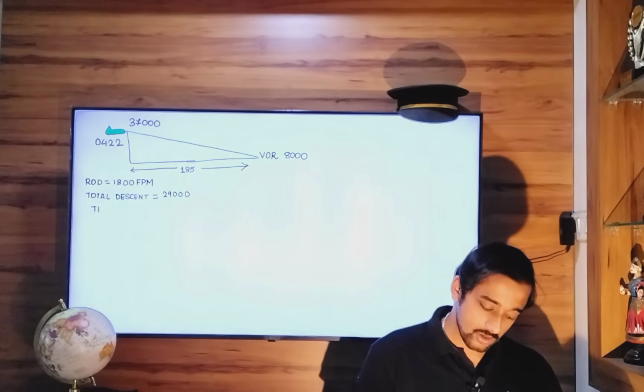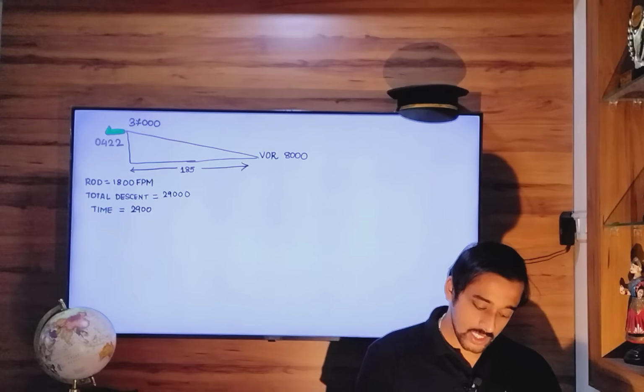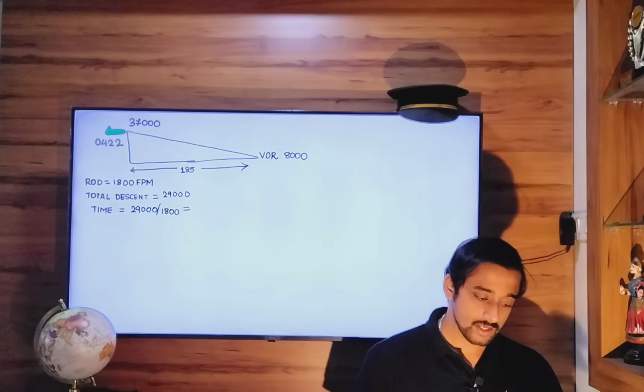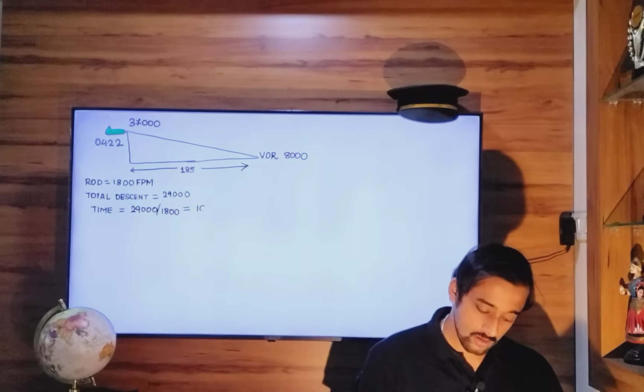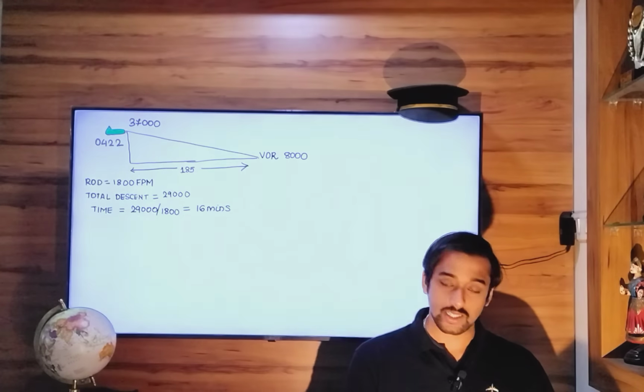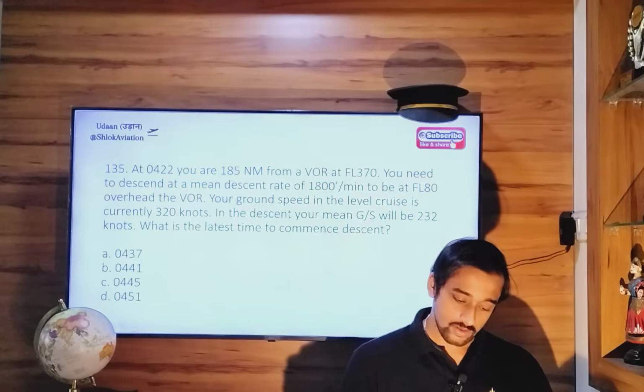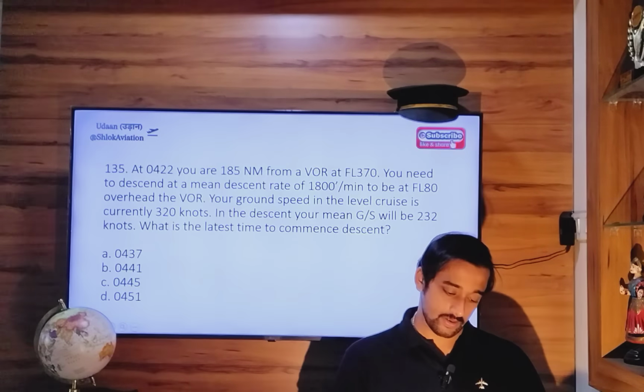So time taken to descend will be equal to 29,000 divided by 1,800, which is 16 minutes. Okay, a total of 16 minutes for descent.